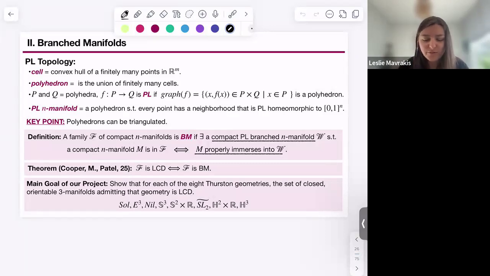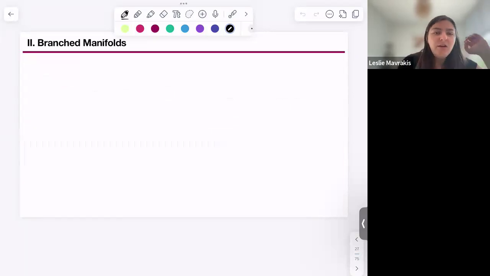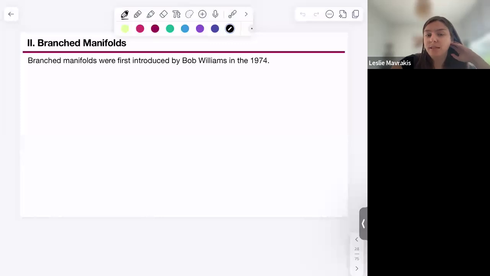What actually is a branched manifold? Branched manifolds were first introduced by Bob Williams in the 70s, and he used them to study dynamical systems. Bob Williams was working in the smooth category, so his definitions differ from ours a little bit. Locally, in low dimensions, branched manifolds show up a lot in the literature.